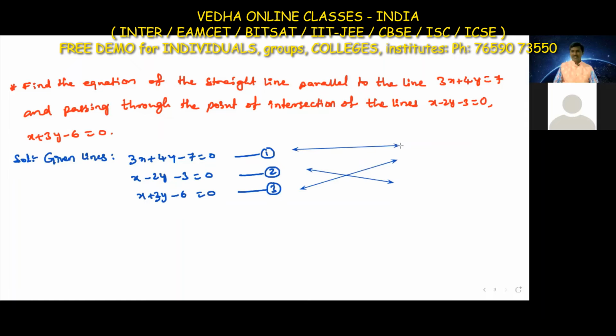The question is to find the equation of one more line, this black line, which passes through the intersection of these two lines and is parallel to the first line, equation 1.